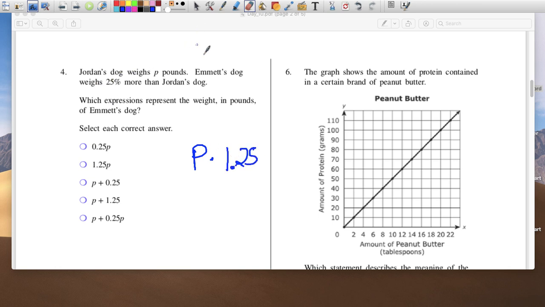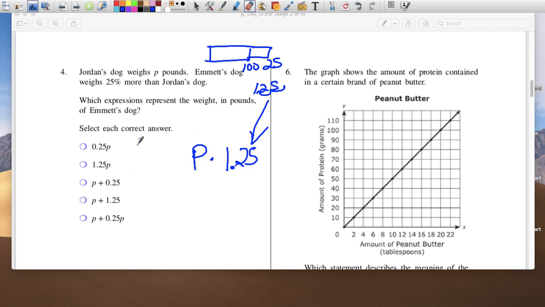Remember, 25% more means the 100% plus the 25% over here, right? So 125% is expressed this way. As a decimal, we move the decimal 1, 2 over, so it would be P times 1.25.